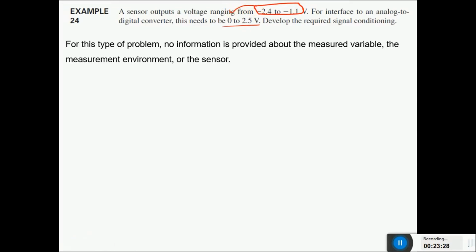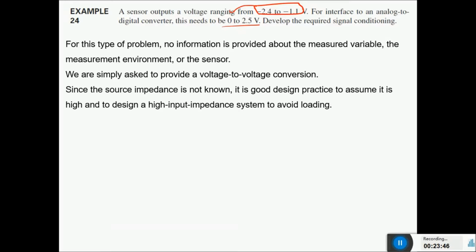First, for this type of problem, no information is provided about the measured variable, the measurement environment, or the sensor. We are simply asked to provide a voltage to voltage conversion. Since the source impedance is not known, it is always a good design practice to assume that it is high, and we should design a high input impedance system to avoid loading.